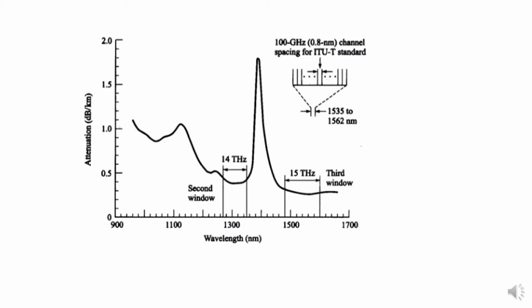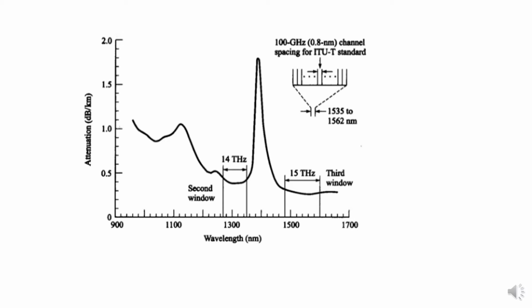In this figure you can see a plot showing attenuation versus wavelength. Basically you can see two types of windows. One is called the second window, ranging from 1270 to 1350 nanometers, and the third window is 1480 nanometers to 1600 nanometers.